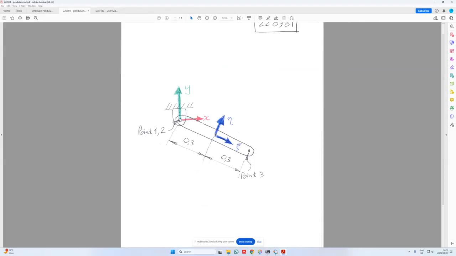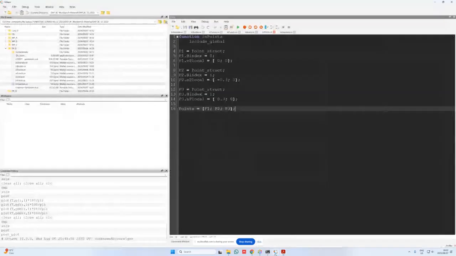Now looking back at the pendulum rod, my local coordinate system is situated over here in the xi eta directions. So if I had to specify point 2, which is on body 1, it will be in the negative xi direction. So it would be minus 0.3, and it's in line with the xi axis. So its eta value is 0. So my SP local vector will essentially be minus 0.3; 0.